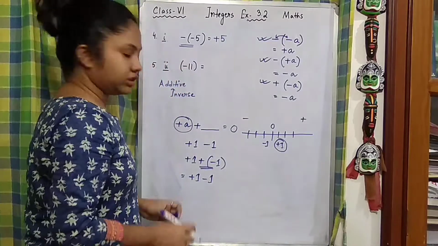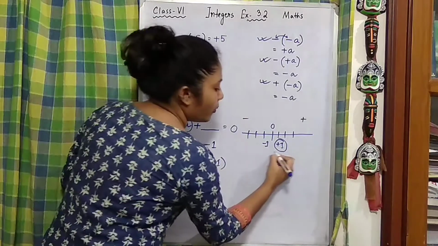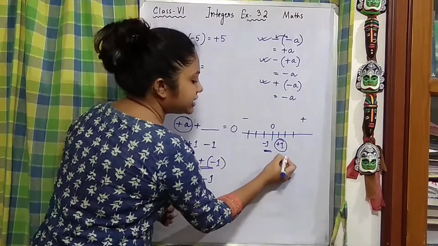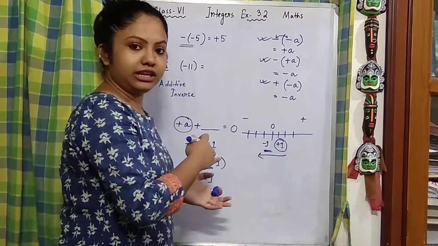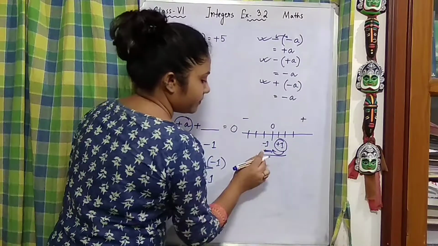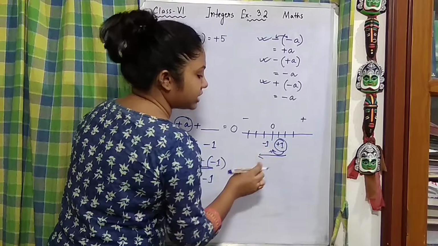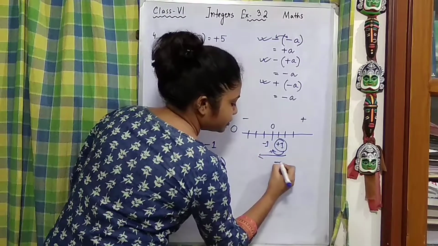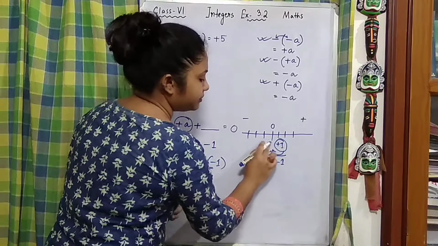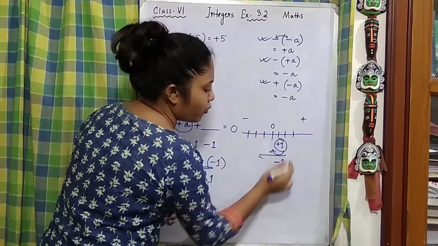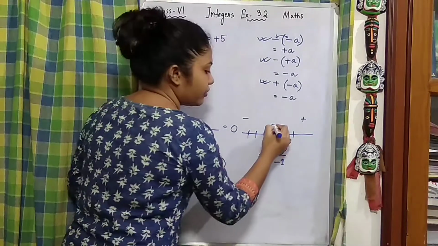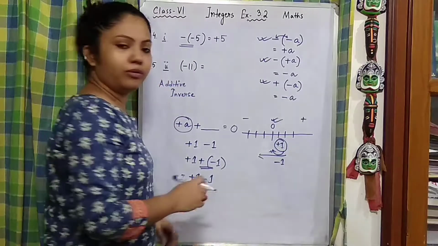So when -1 is added to +1, the number goes to the left hand side. When we take one jump toward the left, we are subtracting 1, and we are going to stop at 0, right?